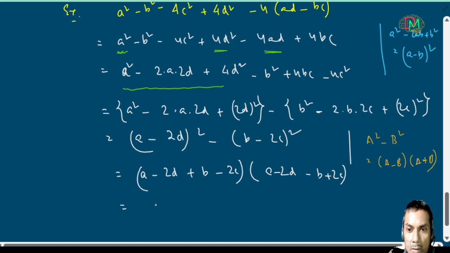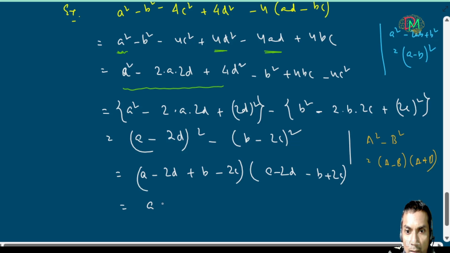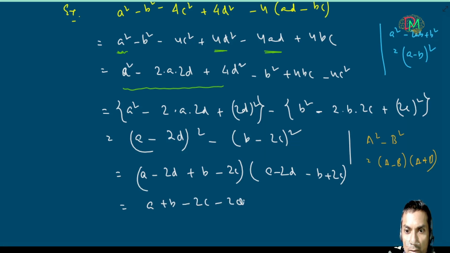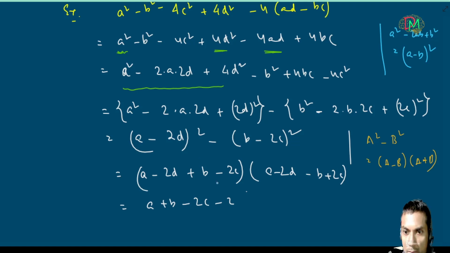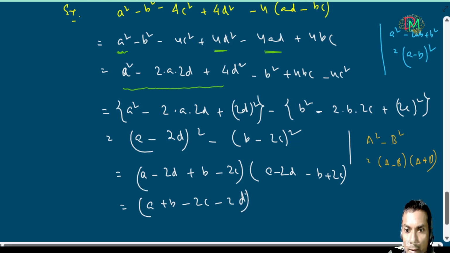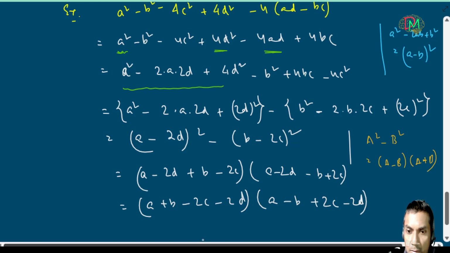So you get the result A plus B minus 2C minus 2D, and A minus B plus 2C minus 2D. Okay, done.